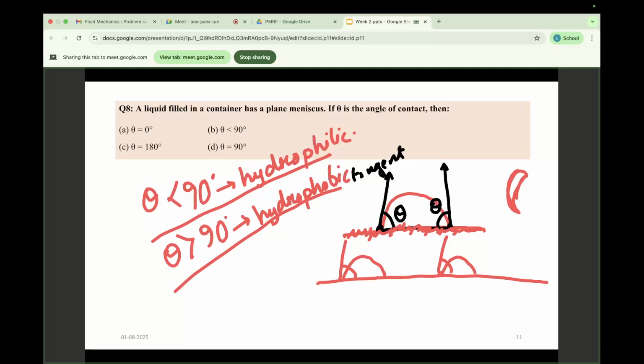There is a certain angle, this type of curvature. That curvature is known as meniscus. There are generally three types of meniscus: one is plane meniscus, one is concave meniscus, and another is convex. Since theta is less than 90 degrees, that means an acute angle, so it is concave.